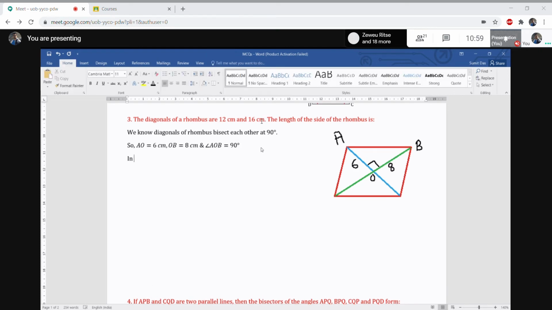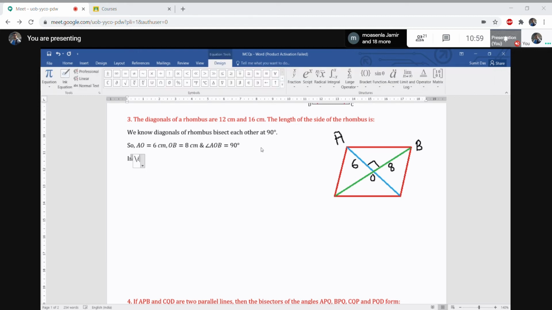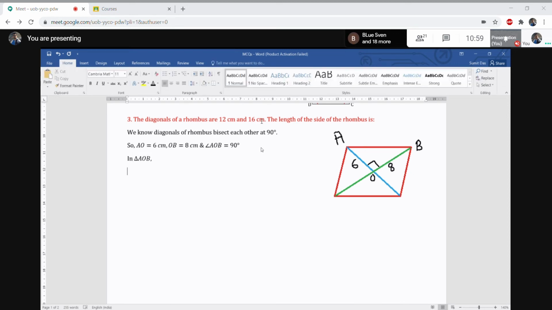In triangle AOB, we can use the Pythagoras theorem.